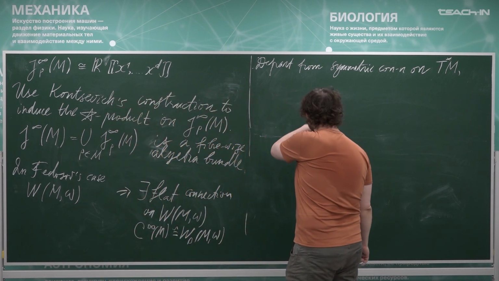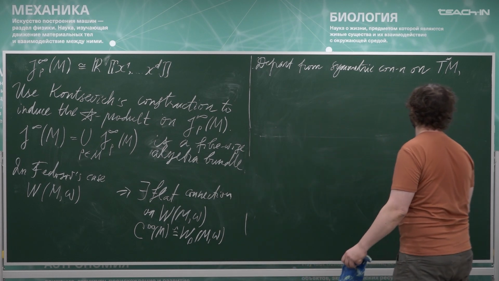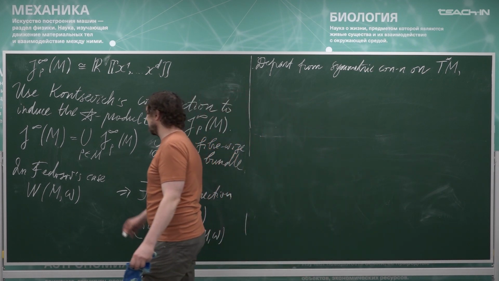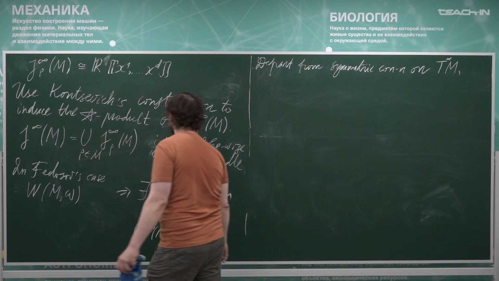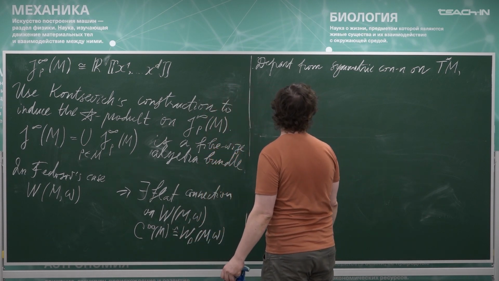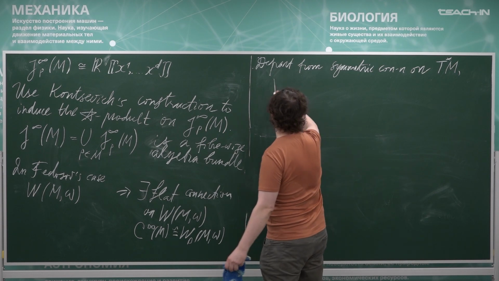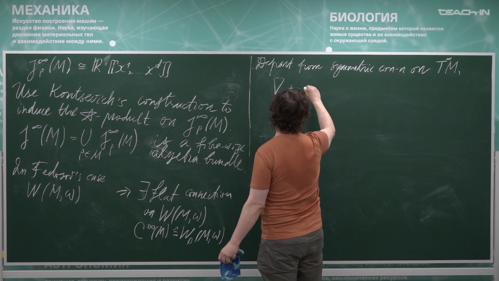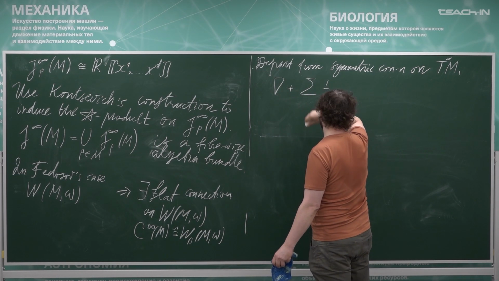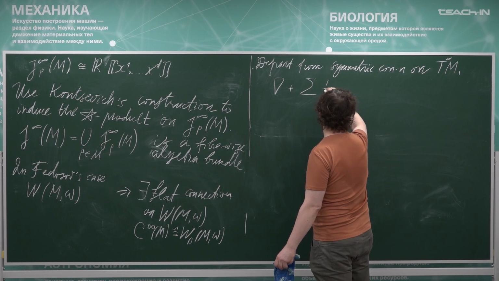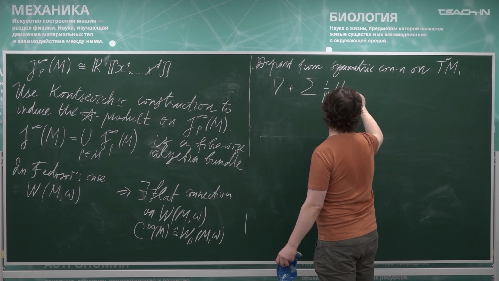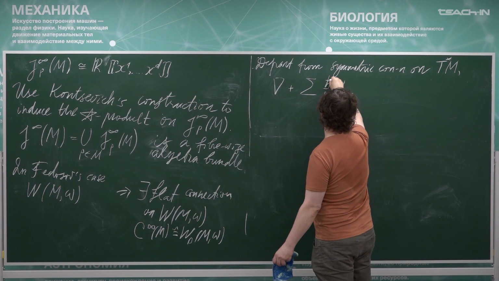The only problem is that if you begin with a symmetric connection on T star M, it need not differentiate the star products in this bundle. So to make sure that it differentiates the star product, even though it is not flat, you need to add to this bundle a term which would look something like this: 1 over p factorial, I believe, U_{p+1} h bar to the power p.